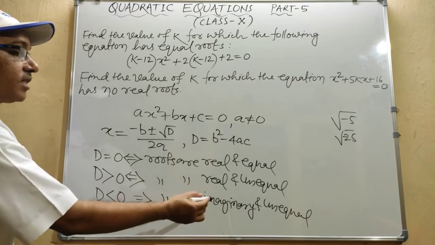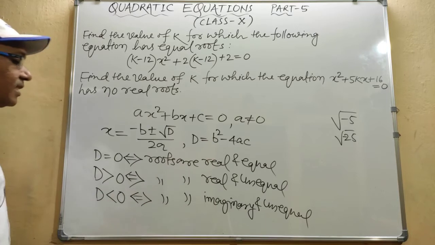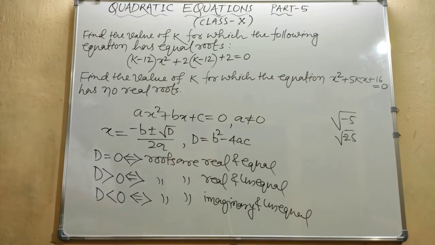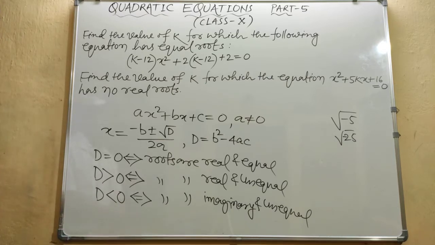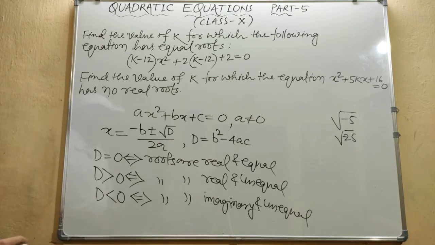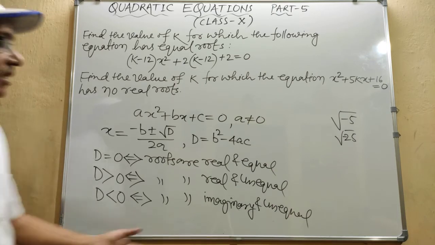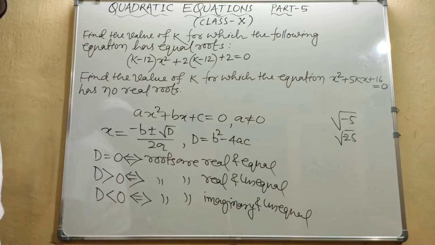When roots are imaginary and unequal, then d must be less than 0. Imaginary, whether equal or unequal, in both the cases d must be negative. इमेजिनरी के केस में d को नेगेटिव ही होना होगा.